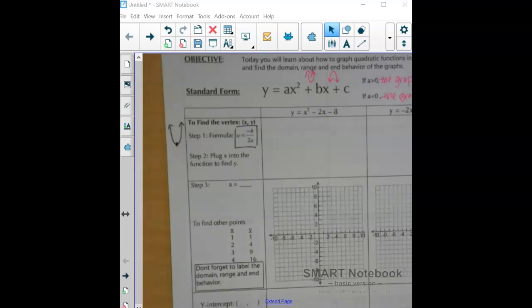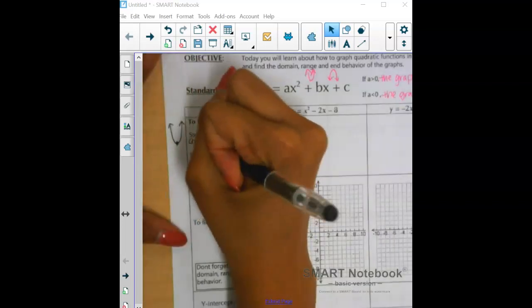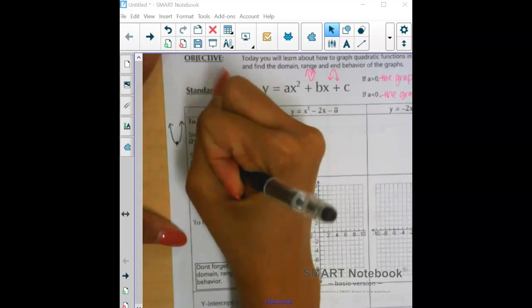If you cut the parabola in half, you'll have 2 equal pieces. When you cut something in half and have 2 equal pieces, what's the S word for that? Symmetry. Okay, so it's something of symmetry. Begins with an A. Axis. This is your axis of symmetry. Good job.